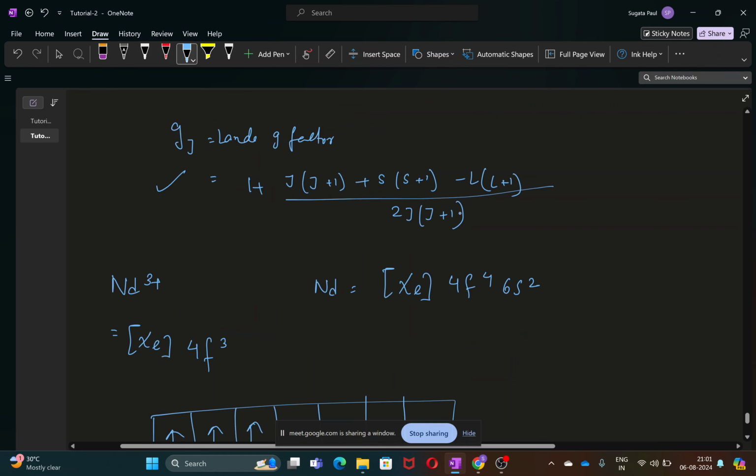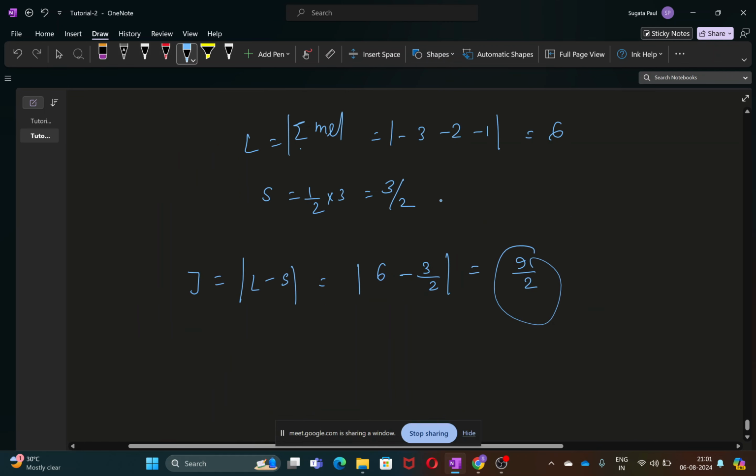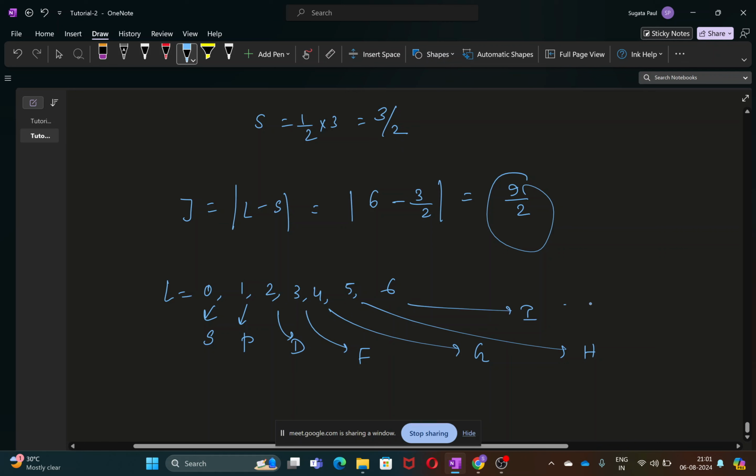Now you can also get the term symbol for this Nd3 plus. Your L value is 6, right? For L equal to 0, 1, 2, 3, 4, 5, 6: for 0 the term symbol starts with S, then 1 it is P, 2 it is D, 3 it is F, 4 it is G, 5 it is H, 6 it is I, and so on alphabetically.